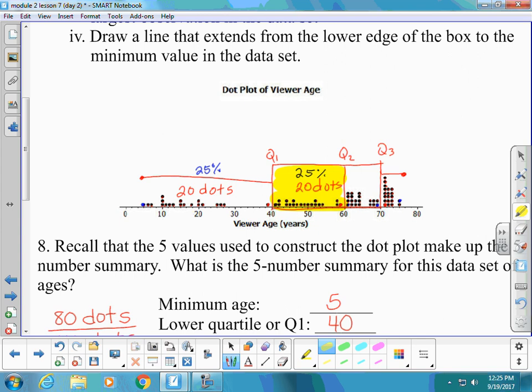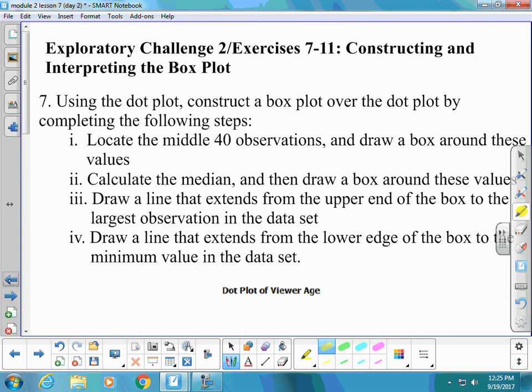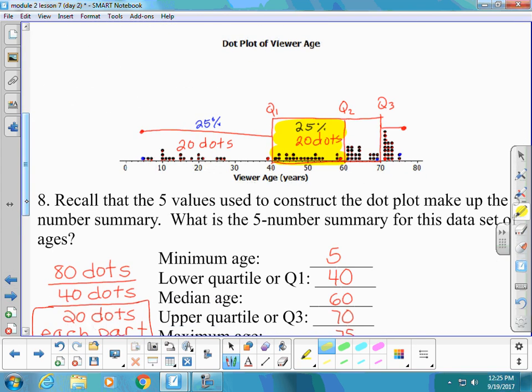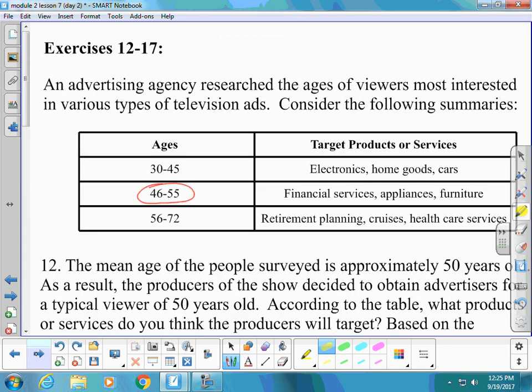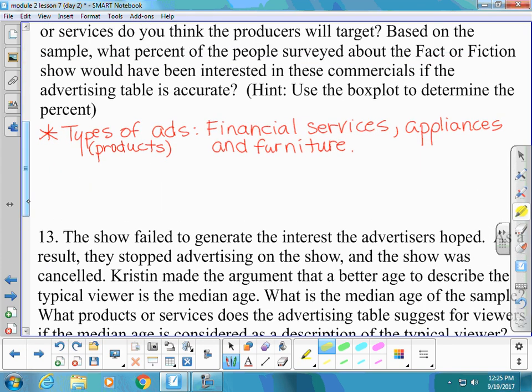In that part of the box, we're only talking 25% of the audience. Okay, so that's the second question that it asked us. You always got to make sure you read the questions closely and make sure that you answer all parts. Okay, so that's 25% of the people.